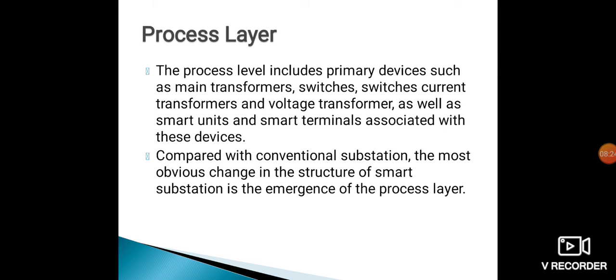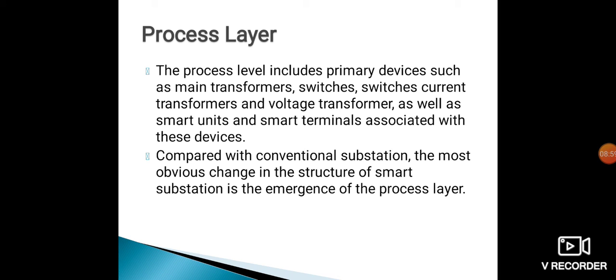Next is the process layer. The process level includes primary devices such as the main transformer, switches, current transformer and voltage transformer, as well as smart units and smart terminals associated with these devices.